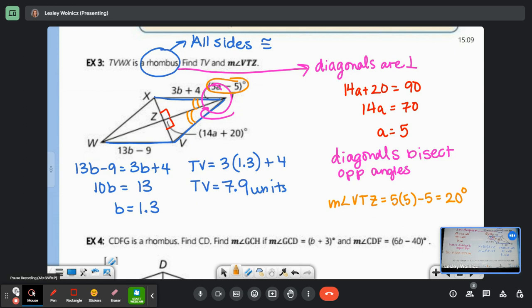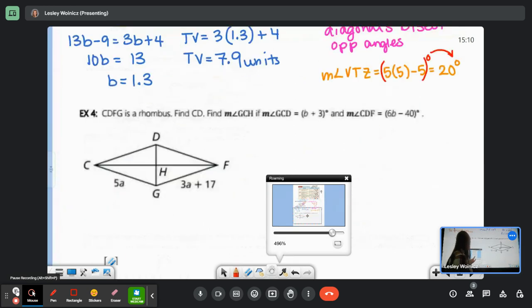Does this make sense? What if it didn't have it? What we didn't write here was that this has degrees, so you have to keep the degrees. Do you understand what I'm saying? Okay. Next one.